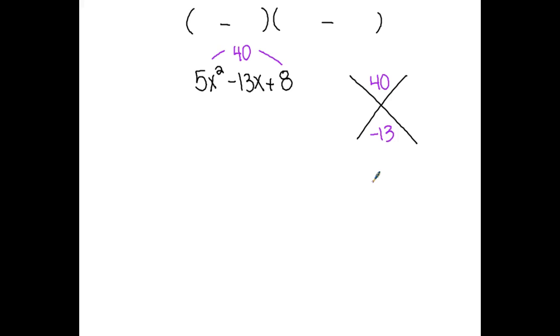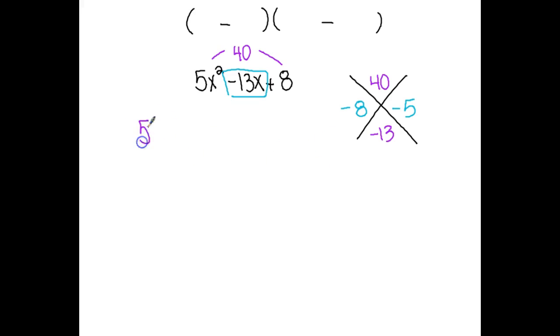So I need 2 numbers that multiply to give me positive 40, but add up to negative 13. If you have a positive on top and a negative on bottom, perfect. Both numbers here are negative, and that's what makes this tricky. Because when we replace the middle term with 2 negative numbers, we have to watch our GCFs.